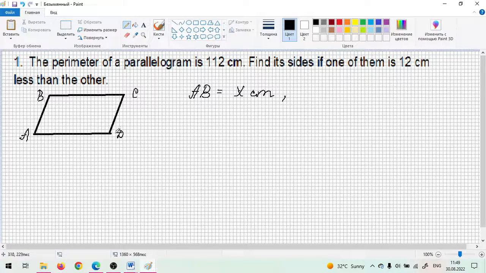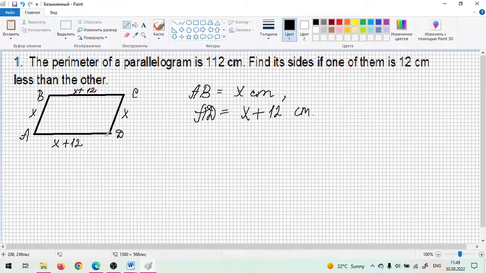Then the larger side, AD, is x plus 12 centimeters. So this side x, opposite side x too. This side x plus 12, so this side x plus 12 too.